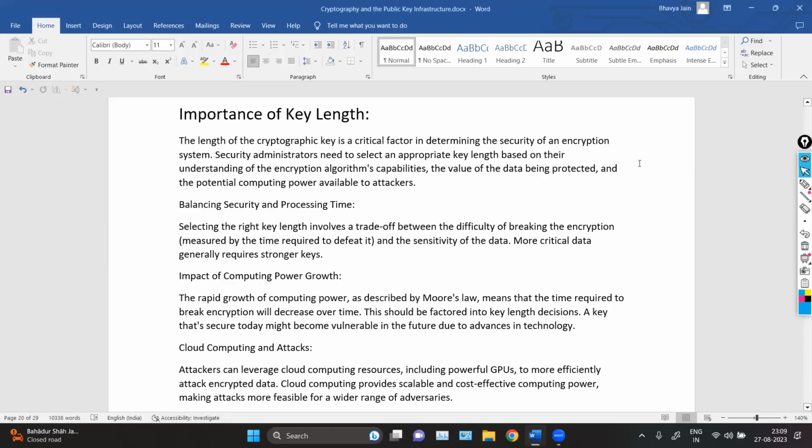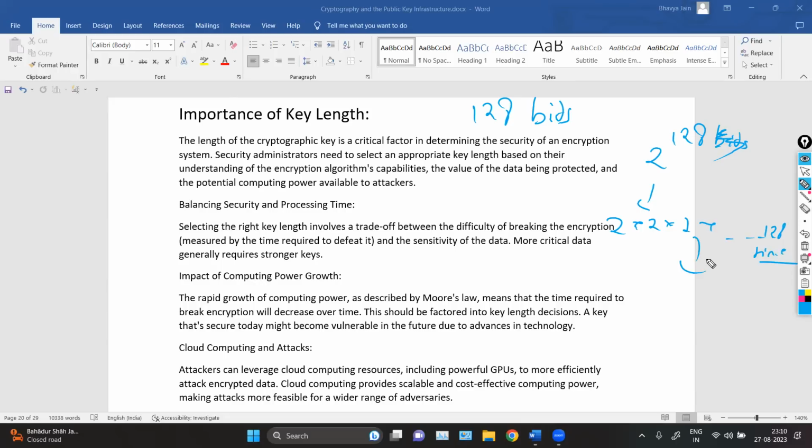Let's say you have a key length of 128 bits. That means 2 power 128, which means 2 into 2 into 2, up to 128 times. The key length is all about key space: in each of the 128 positions, because the size is 128 bits, we have the possibilities of 0 and 1.